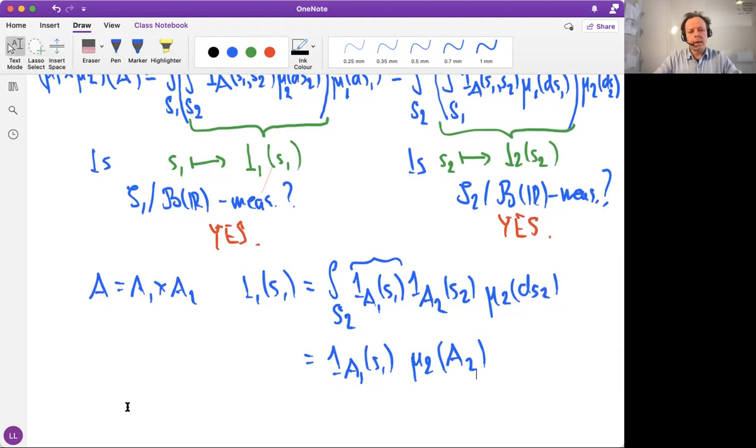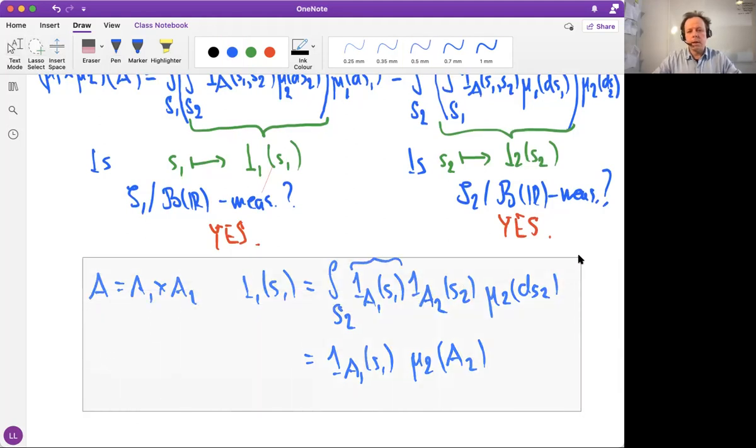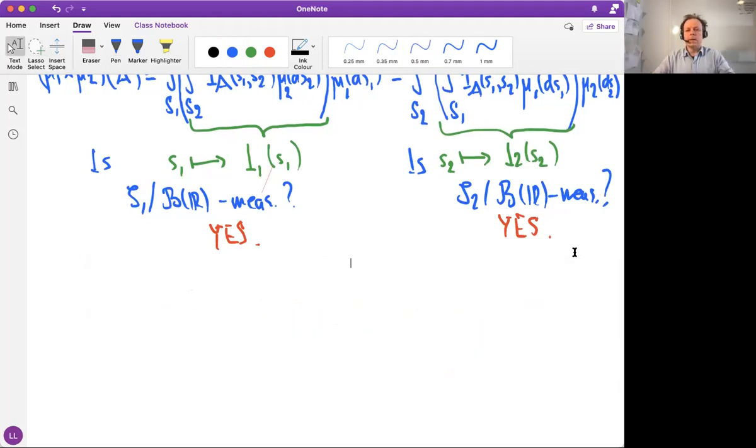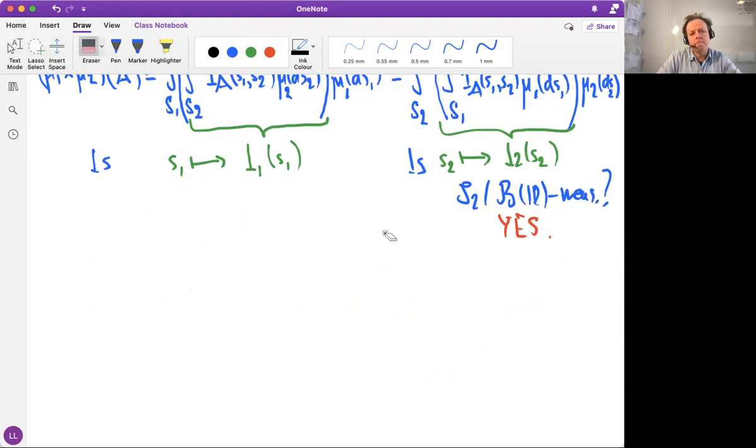The general case again requires a monotone class argument that we will skip for now, and you can check how to do it in the lecture notes. Do you have questions about checking that these are well-defined things?